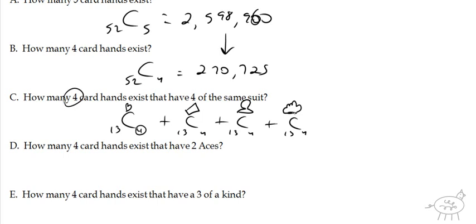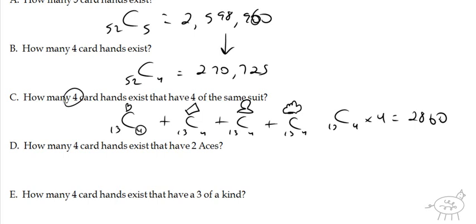So I can do that, or I can just say 13C4 times 4, and I get 2860. Again, it's the same suit, so that's why there are 13 of them.